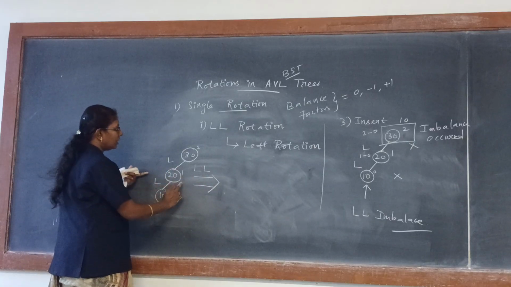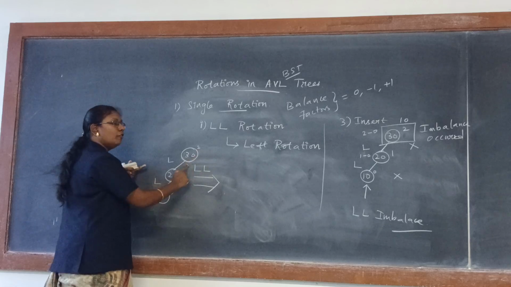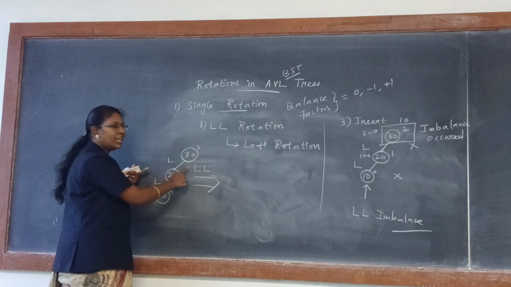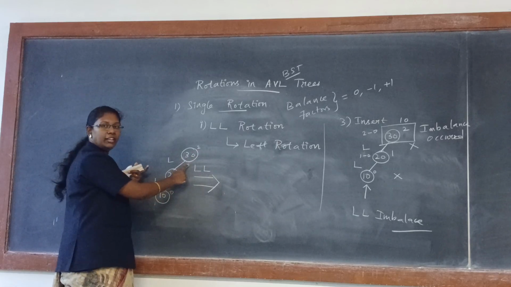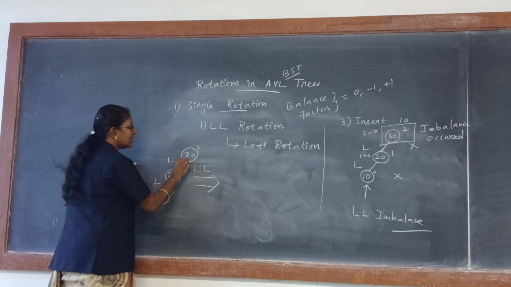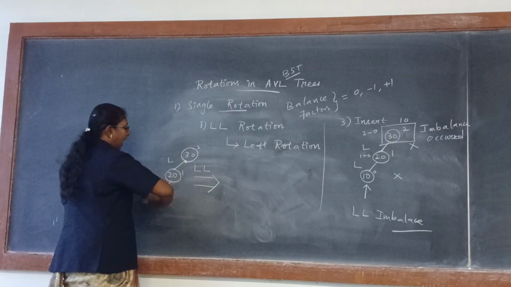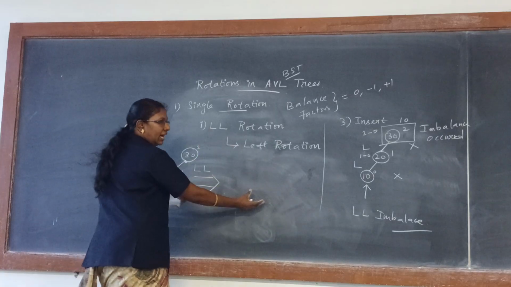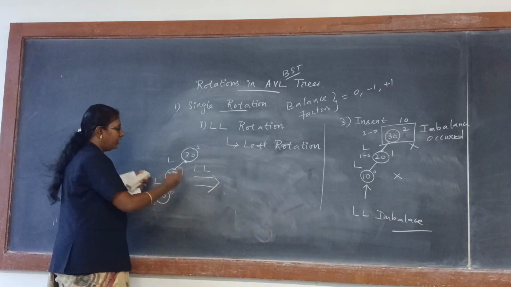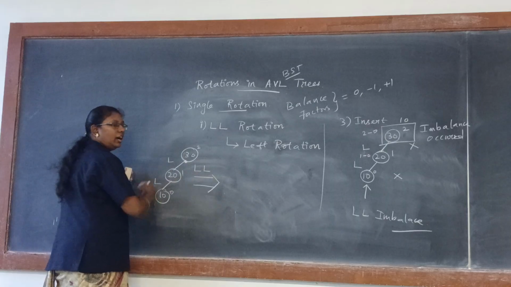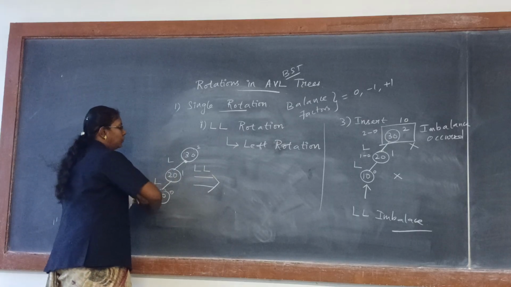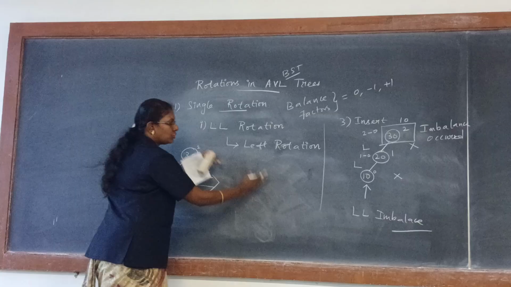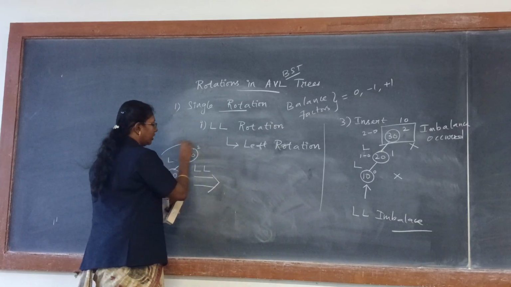So left rotation in the sense, at the point where we got the imbalance factor value as 2, keeping this point as the pivot point and dragging this whole thing towards the right side. We are just pushing all the left values towards the right side. That is called a left rotation.